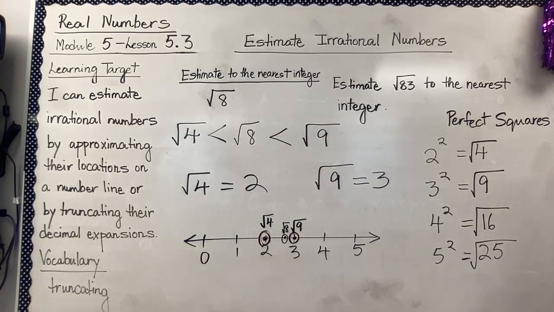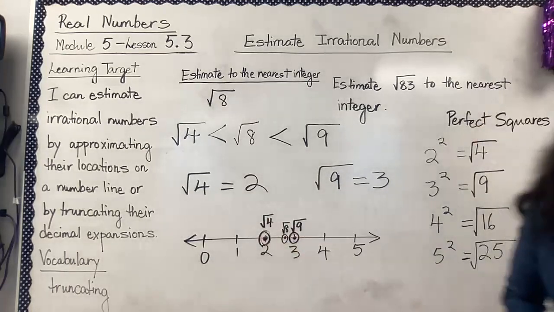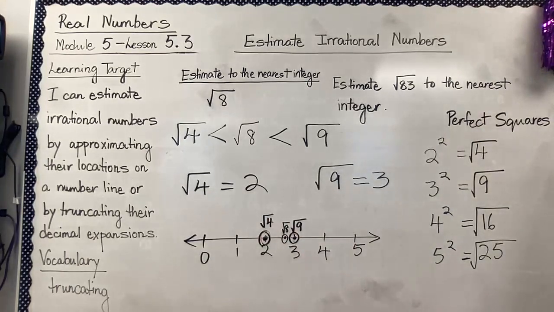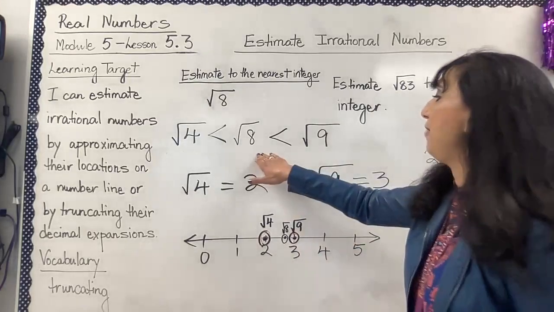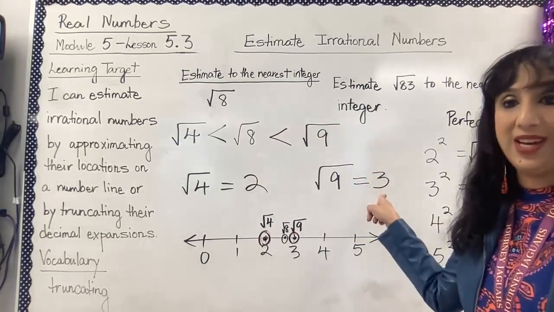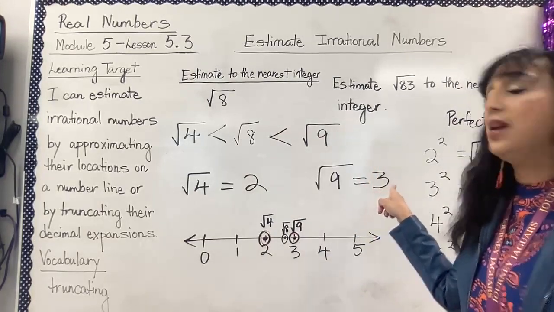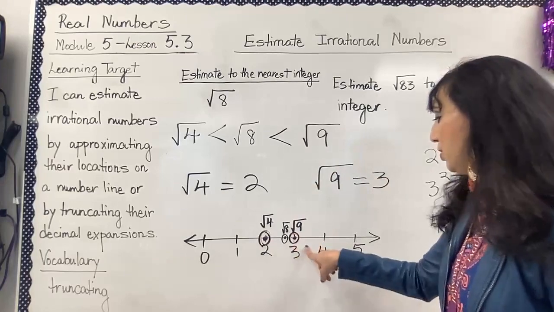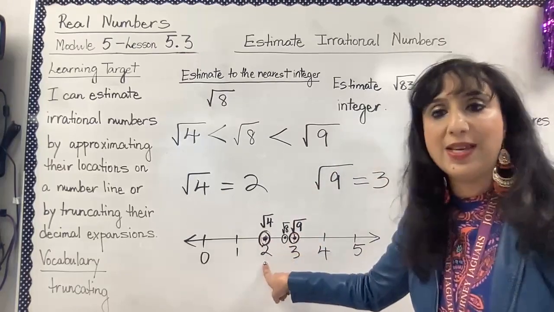Since square root of 8 is closer to the square root of 9 than to the square root of 4, this is how we have graphed it. So we can approximate this, and we can say the square root of 8 is approximately 3 as the integer, because this is much closer to the 3 than to the 2, as you can see.